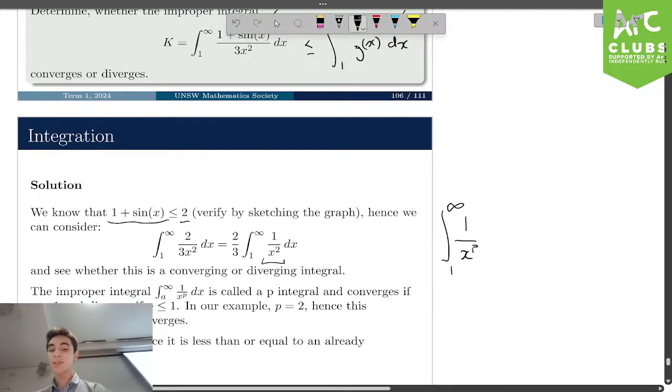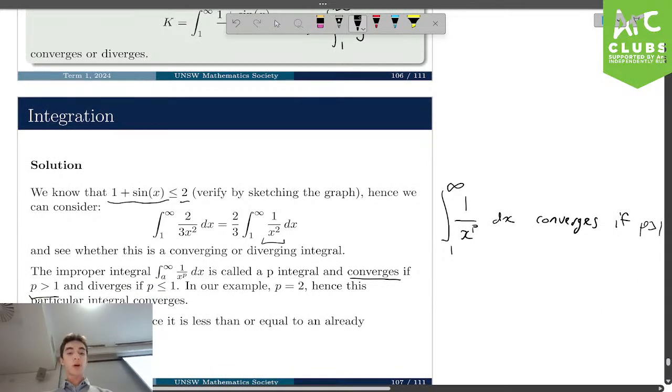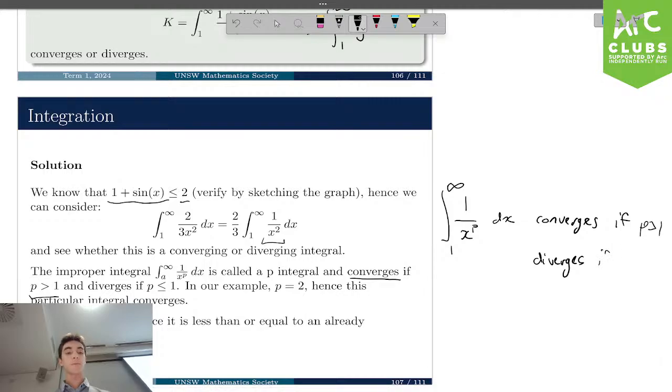If p is larger than 1, then the integral converges. And if p is smaller than or equal to 1, then it diverges, so it goes to infinity, okay?